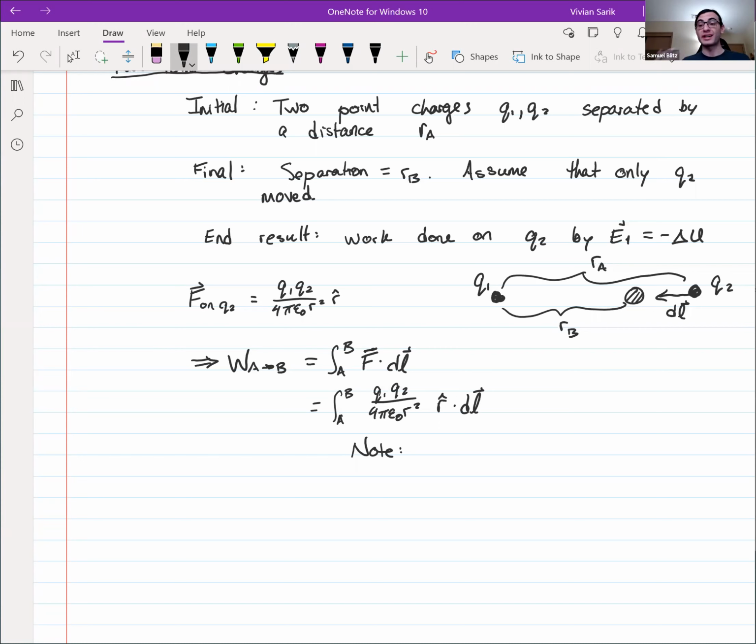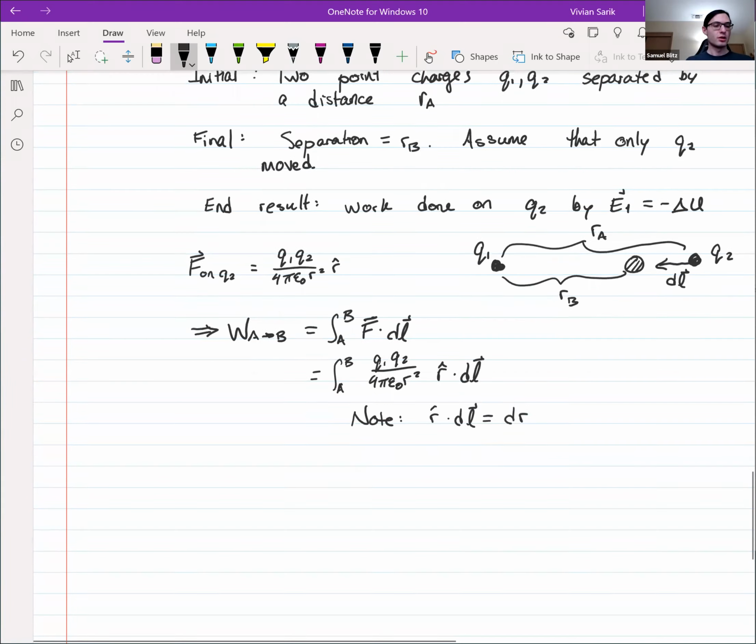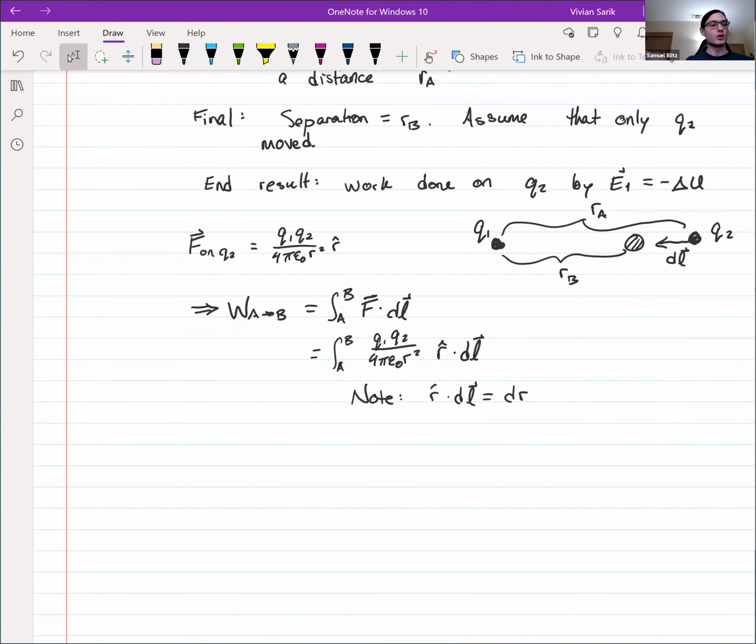The path vector dl can be broken up into parts in the direction of r hat, theta hat and phi hat, for example. But because the object is just moving towards or away from the other charge, dl is just dr r hat. And so r hat dot dl is just dr at the end of the day. That's just because it's moving in the radial direction.